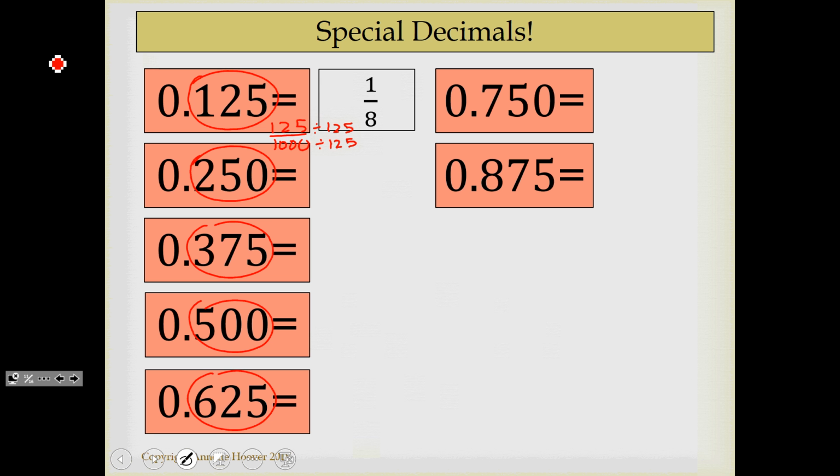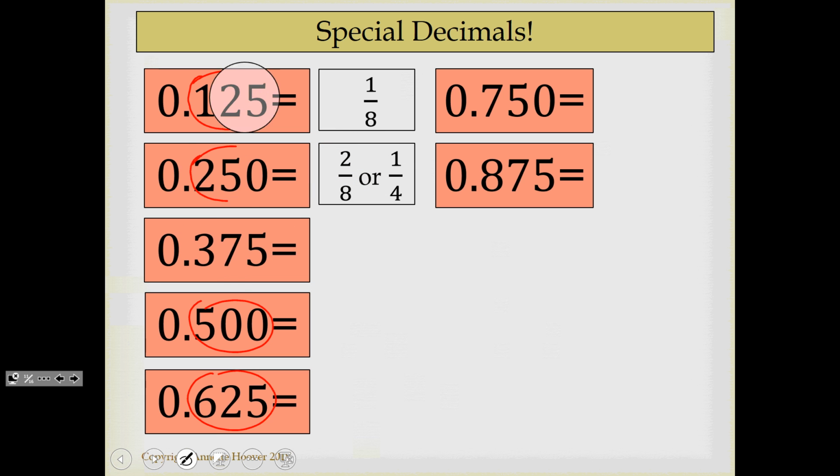On the next one, it reads as 250 thousandths. Both of those are divisible by 125, and when you do that, you get 2/8, which simplifies to 1/4. That pattern continues. This next one reads 375 thousandths. 375 and 1,000 are divisible by 125 again, because we're counting by 125s, and it simplifies to 3/8.